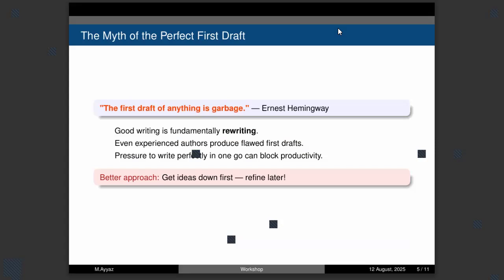So we have to burst a myth, that is the myth of the perfect first draft. Many people think that they have to write perfectly in the first attempt, and this stresses us out and gives us an extra burden when we are writing.